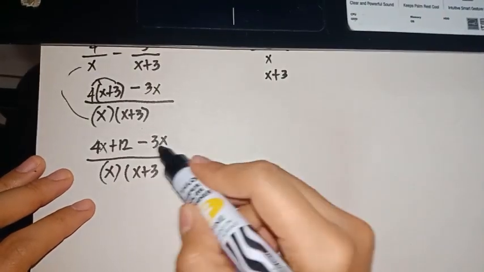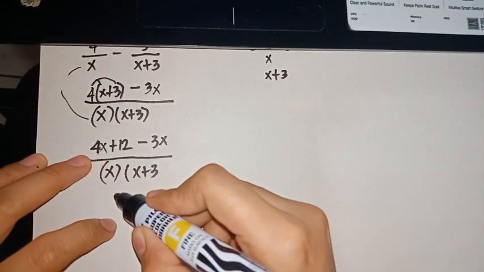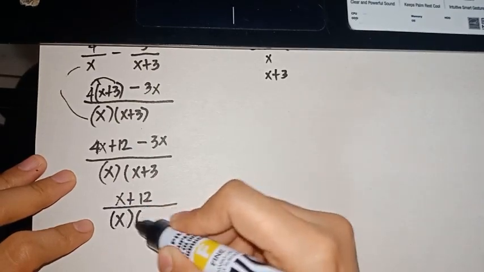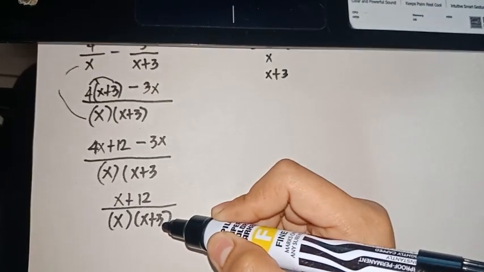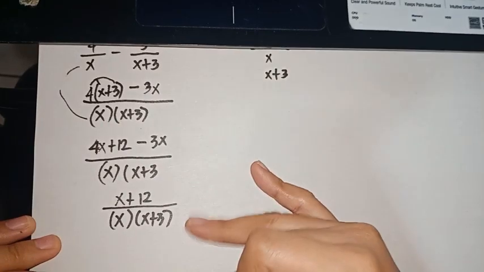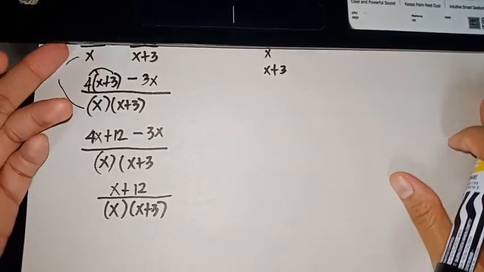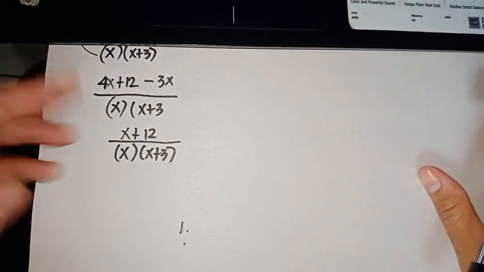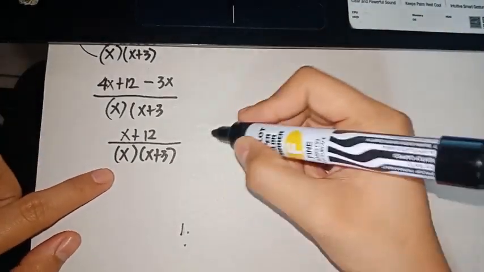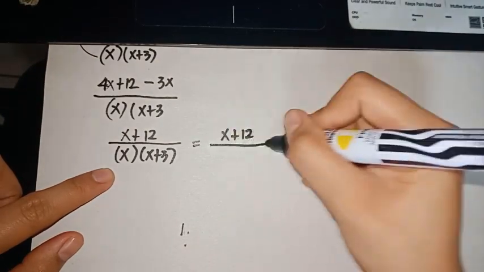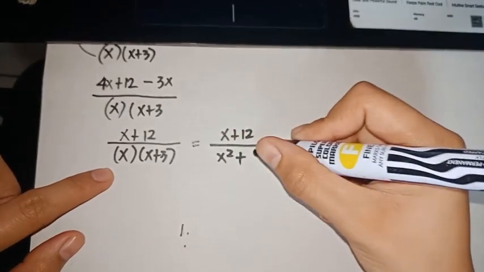Combine similar terms, we have x plus 12 all over x times x plus 3. Do they share common factors? There is no common factor, therefore this is our final answer. Or you can write this as x plus 12 all over x squared plus 3x.